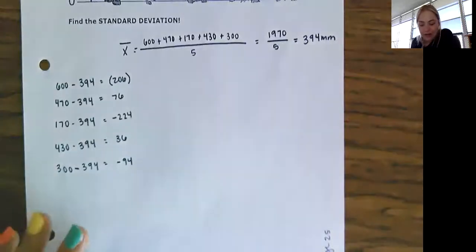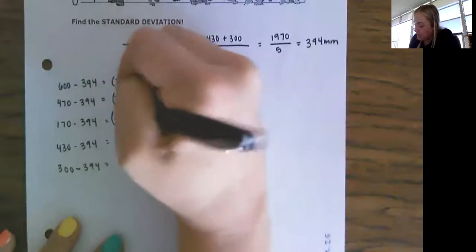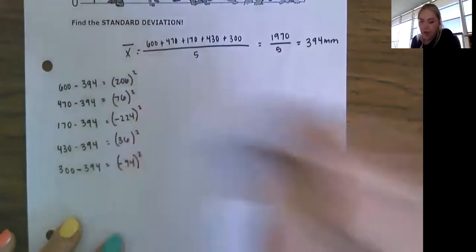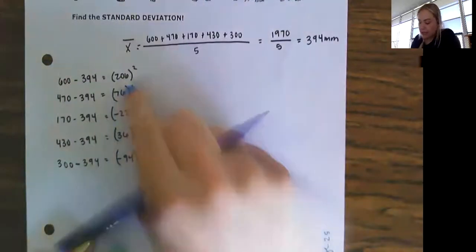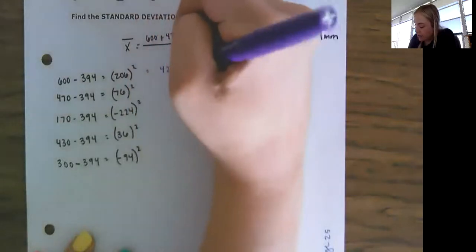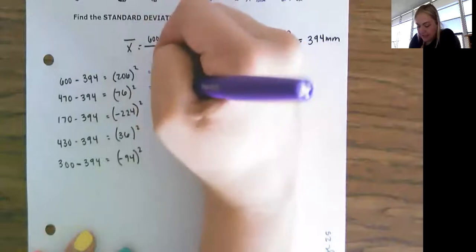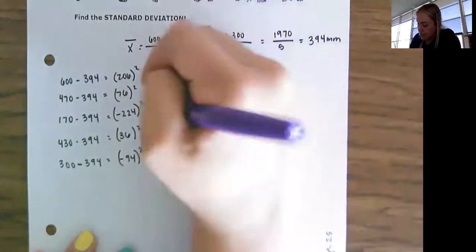Now I'm going to square the differences before I can add them together. So I'm going to square each of these on my calculator. When I square those, what does it look like? 206 squared is 42,436. 76 squared is 5,776.